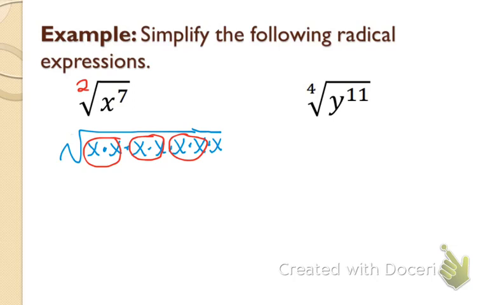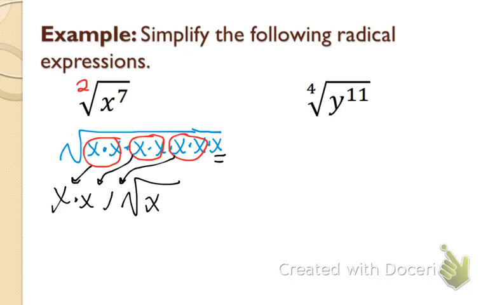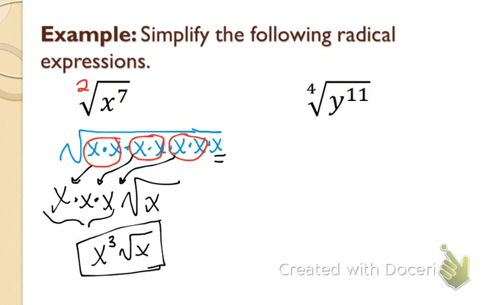My final answer is going to have an x inside the radical because I do have one x that did not get grouped. I had 3 x's, so there, there, and there. But instead of writing this as x times x times x, x cubed square root of x. And this is my simplified answer.